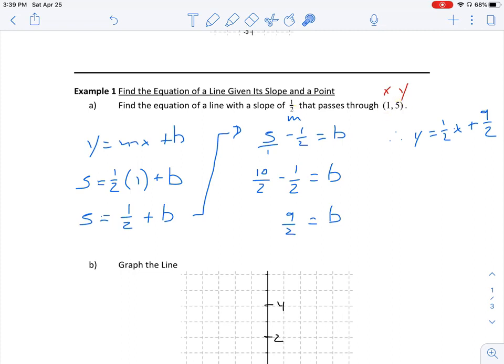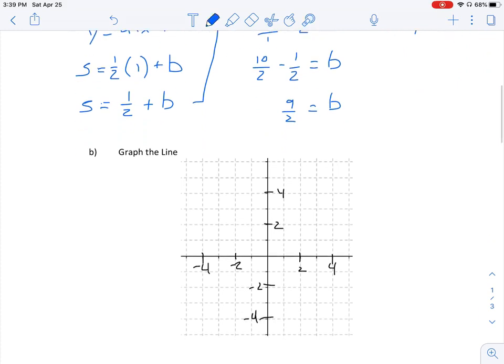So the point of 1 and 5 can be plotted. 1, 5 is going to be here. And our slope of 1 over 2, which is rise over run, if I go up 1 over 2, I get that point there. And I follow that pattern along, and I create a line like that.